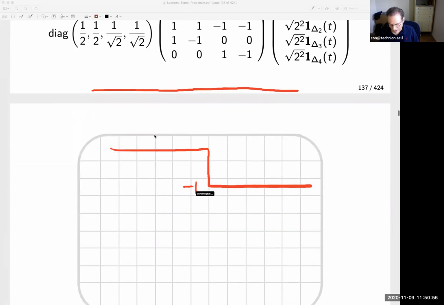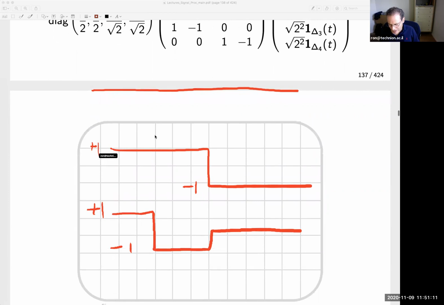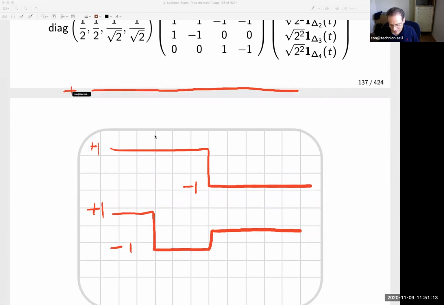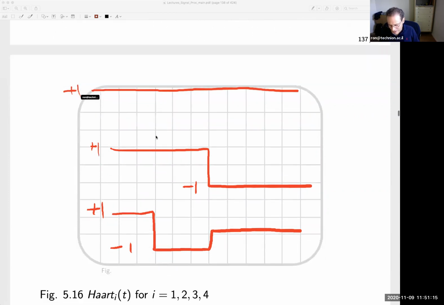The next one would be 1, -1, and then 0. So this would be -1, this would be +1, and this is +1, obviously. And the last one would be 0, 1, -1.